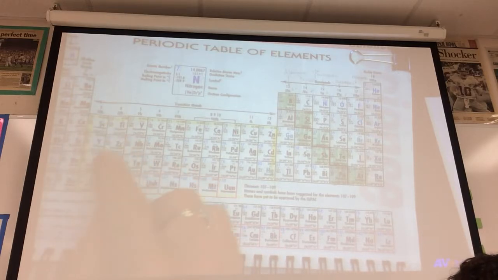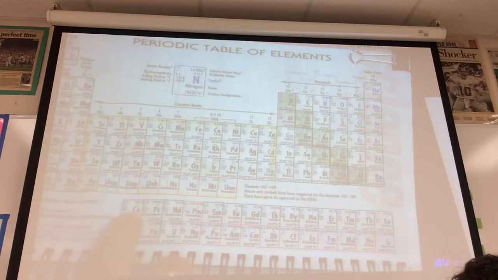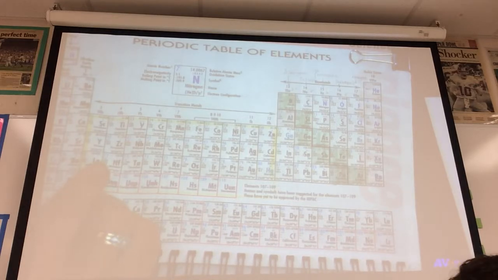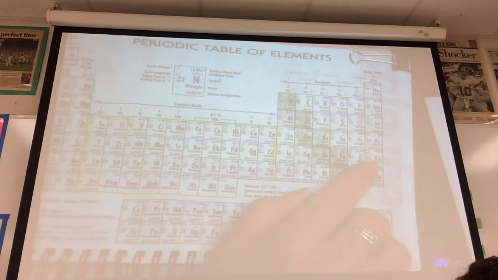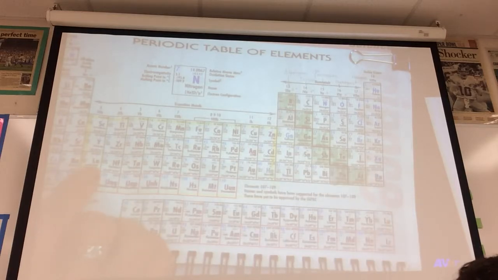Very, very tricky with the f block, because the f block, and I'm going to hit the f block in a sec, this row right here goes right there between lanthanum and hafnium. So if you're writing for lanthanum, you would write xenon 6s2 5d1.